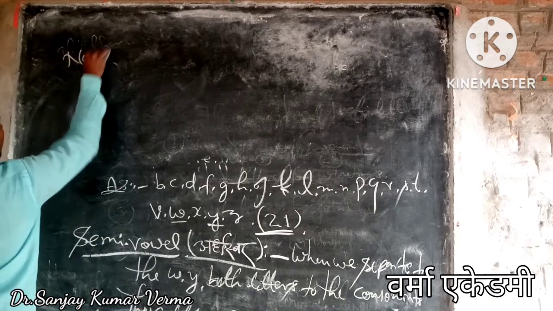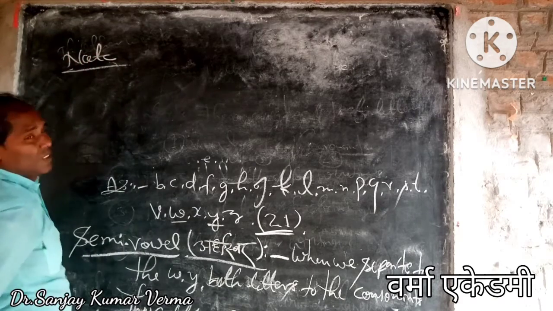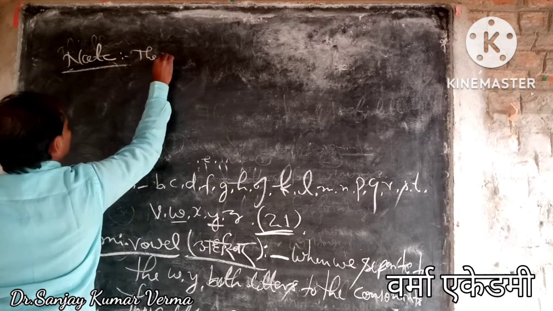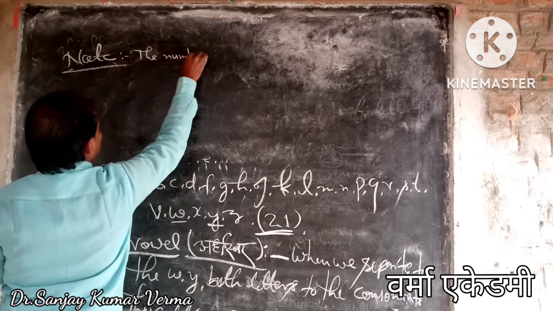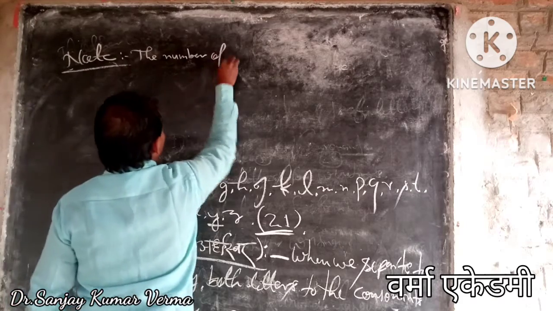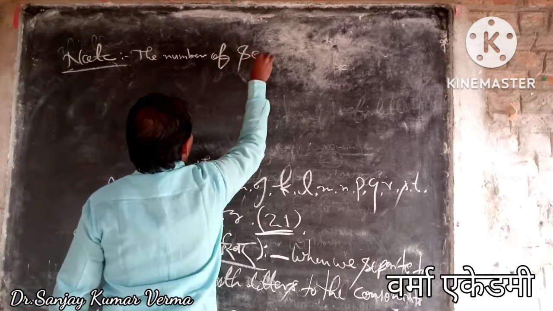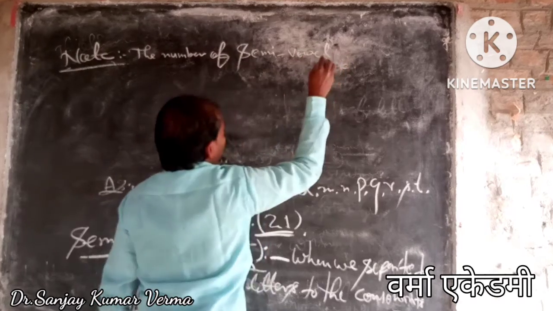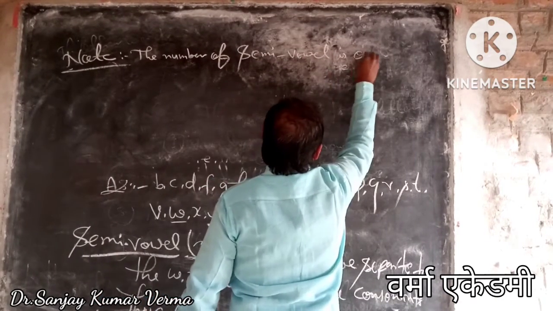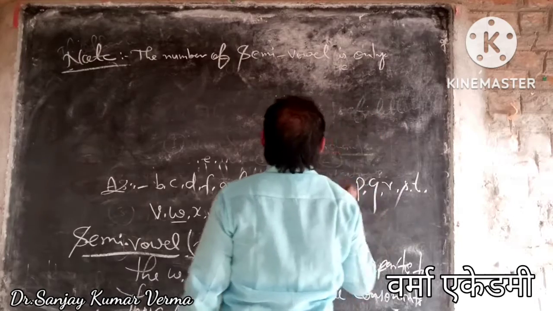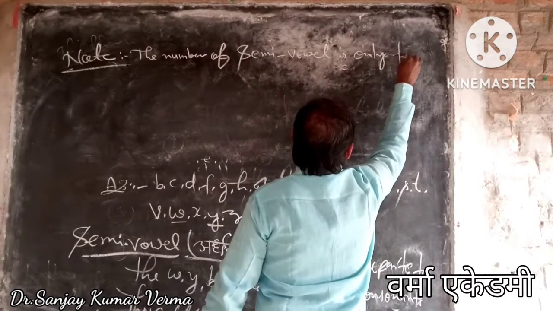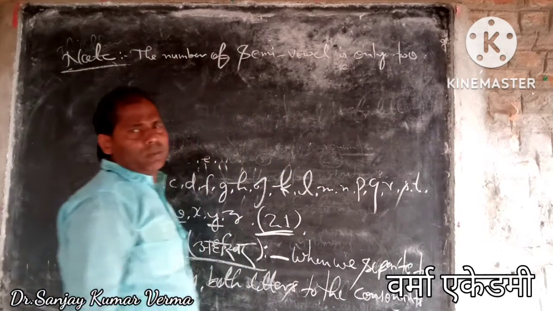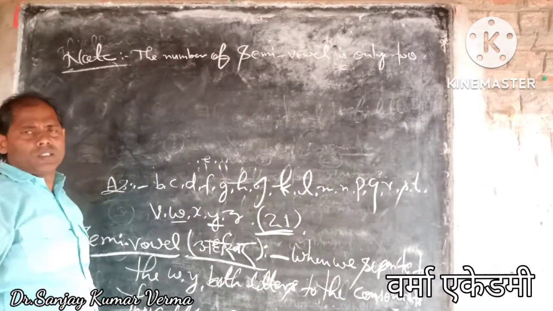Note: the number of semi-vowels is only two, W and Y. Okay.